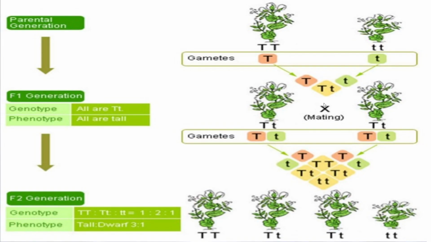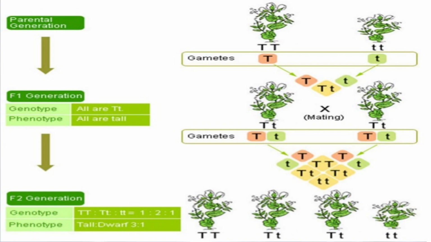So here this can be seen. These are dwarf, these are tall, and in F1 you can see capital T, small t, because the tall character is dominant. You can see in F1 only tall plants, but when we cross F1 and get F2, you can see both dwarf and tall plants, with a 3:1 ratio of tall to dwarf.